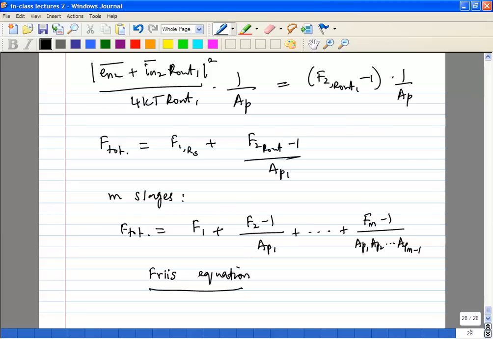Because you want to get as much gain as possible with very little noise, so that the noise of the subsequent stages gets reduced by the gain of the preceding stages. Okay, is that clear? So typically when we get to mixers, you'll find that the mixer noise figure could be 10 or 15 dB, whereas the specification for the overall receiver chain may be only a few dB.